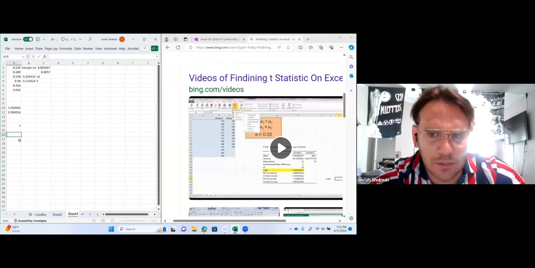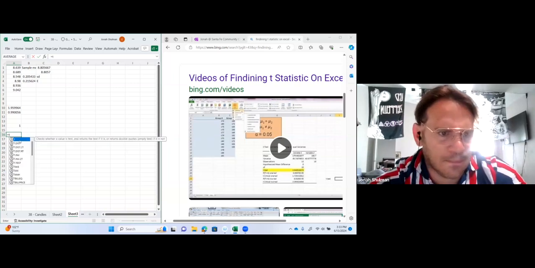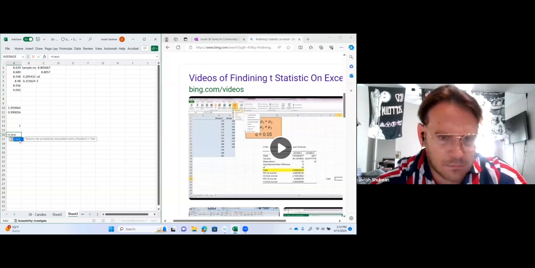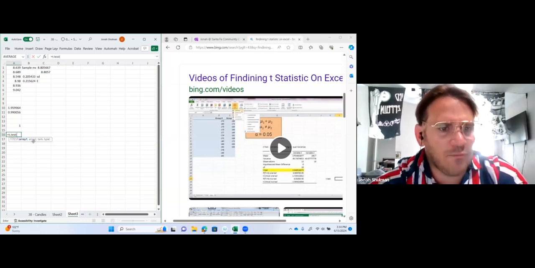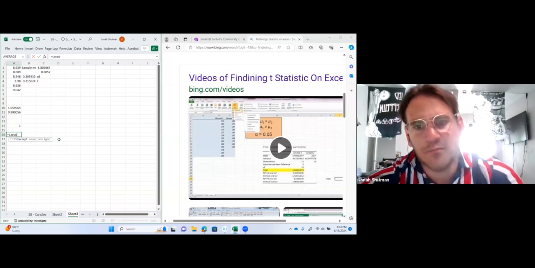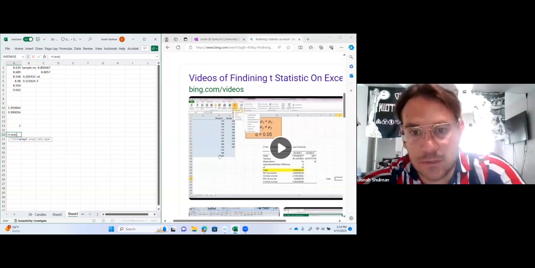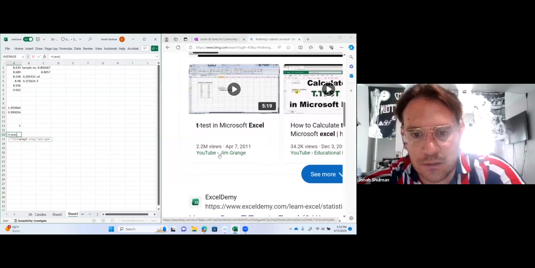But we just want the critical value. This is if we have both arrays and the amount of tails and the type. Okay, this is if we have the data. So they'll let us do it if they have the data.